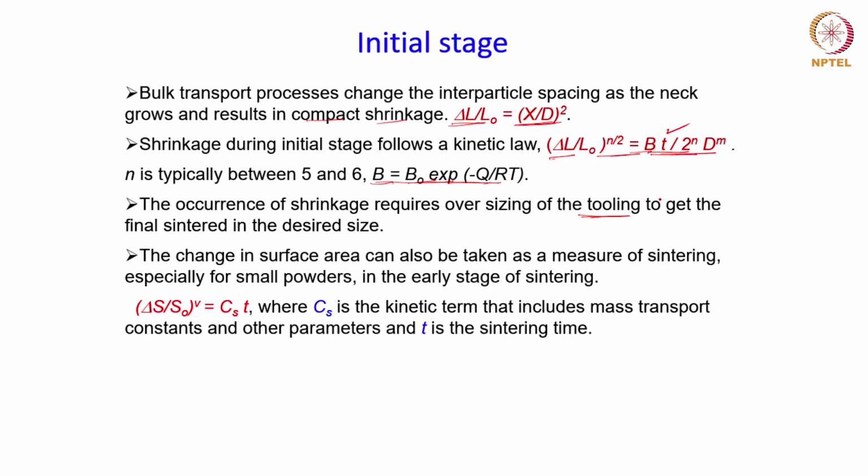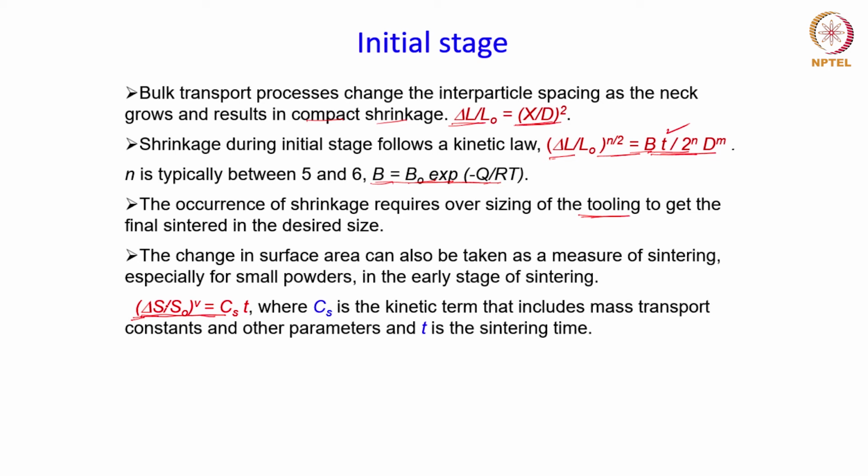And the surface area also changes during the process, and therefore the change in the surface area can also be taken as a measure of sintering, especially for small powders which have high surface area. So in the early stage of sintering, the sintering rate or the densification in terms of the surface area change can be described by an equation like this, where delta S is the change in the surface area and S naught is the initial surface area.